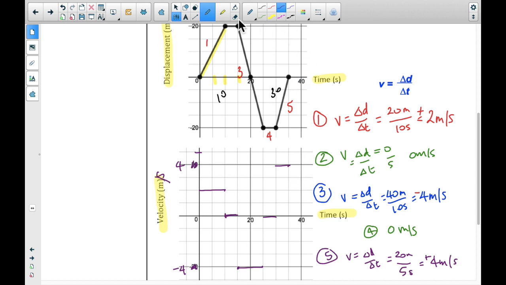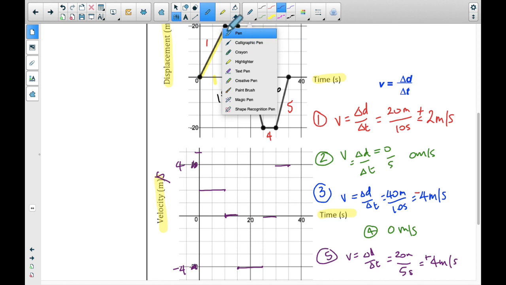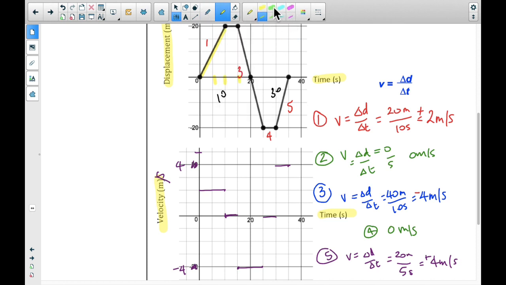Let me show you a couple things in case you're just not really sure what's going on, because there was a lot going on there. One thing is, notice that this section of 10 seconds is represented by this line of 10 seconds. Then we have this section for 5 seconds, and I have this section for 5 seconds.